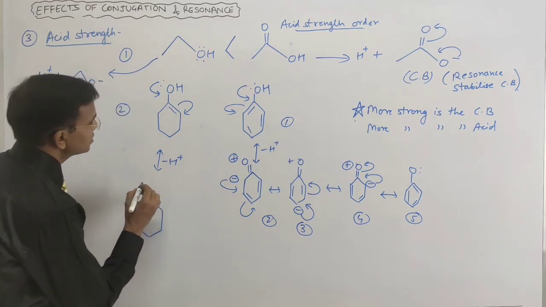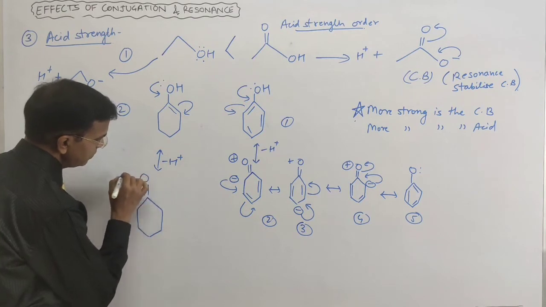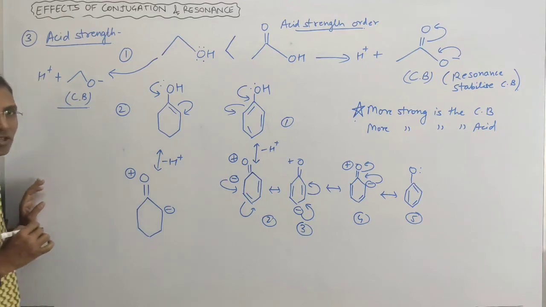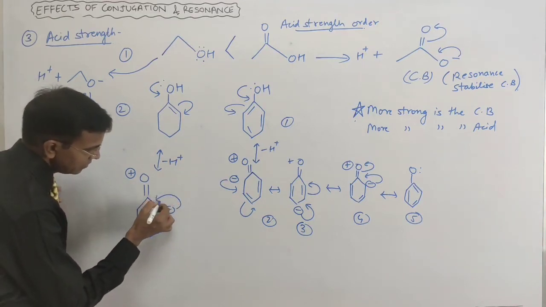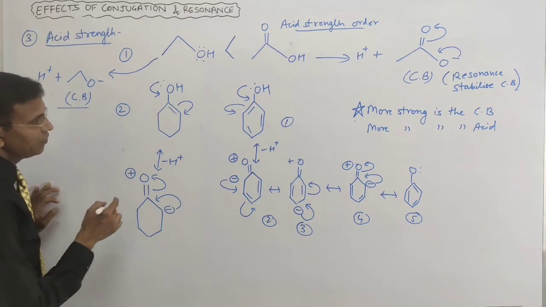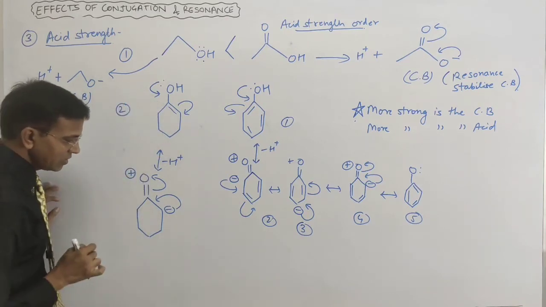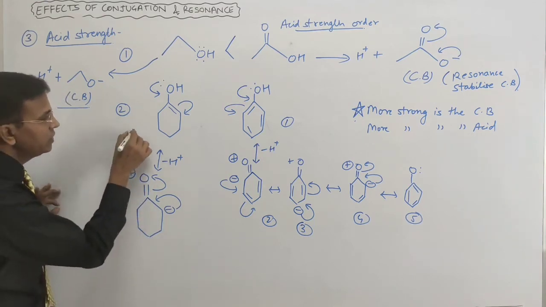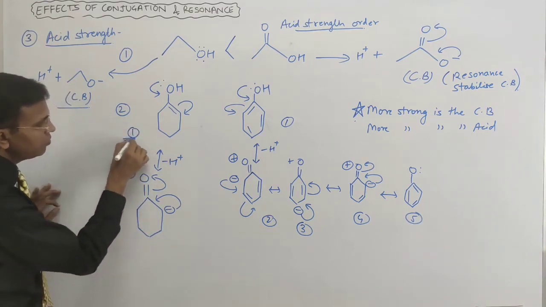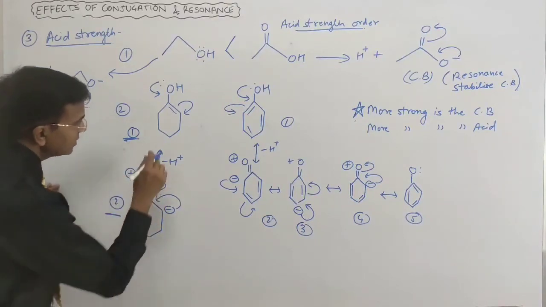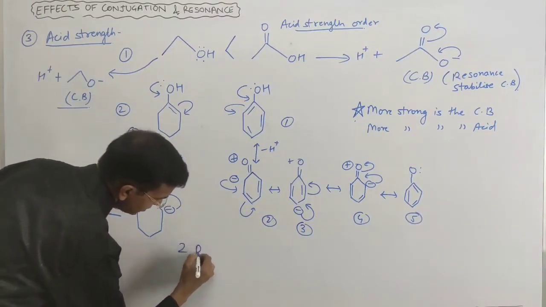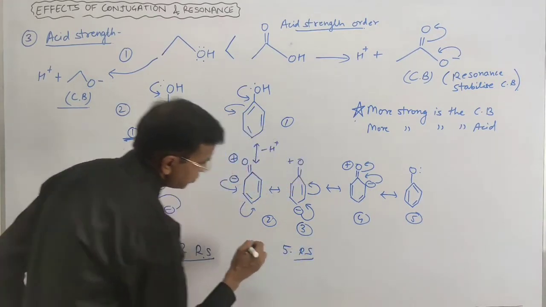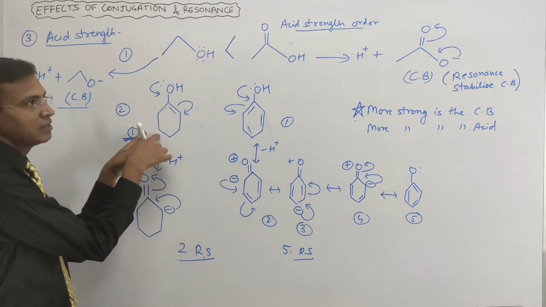So the next resonating structure will have double bond O, positive charge comes, and here comes the negative charge, right? Again the shifting takes place, and the cyclic oxide ion comes into existence. So here 2 resonating structures are formed, 1 and 2. This has two resonating structures, that has five resonating structures. So it is more stable than this, right?